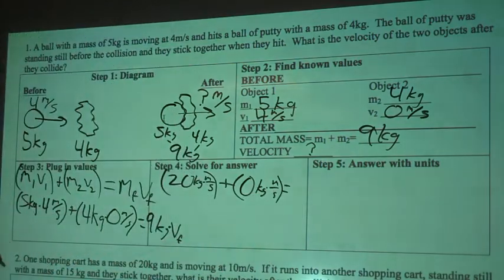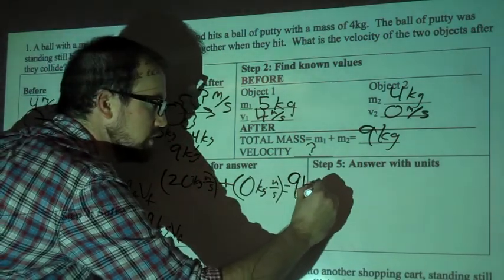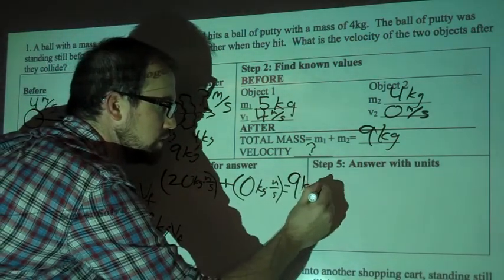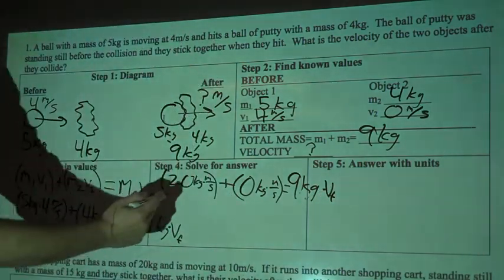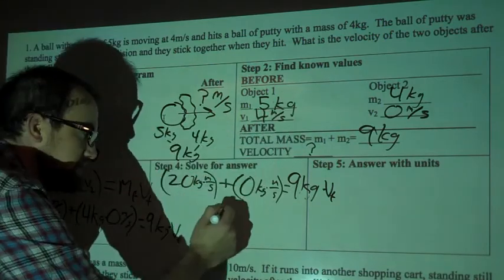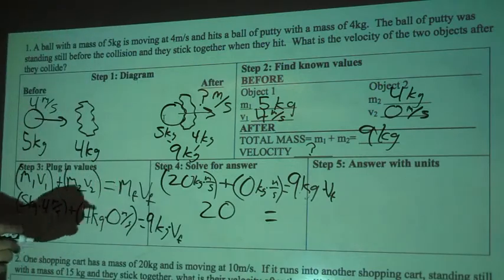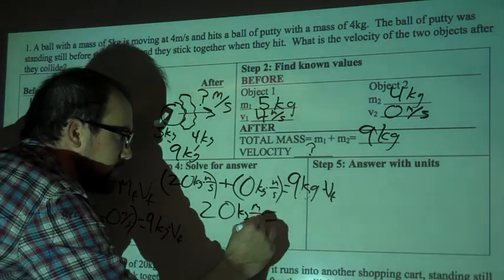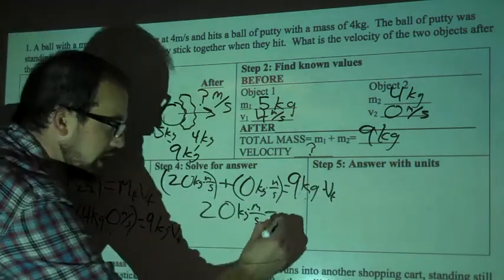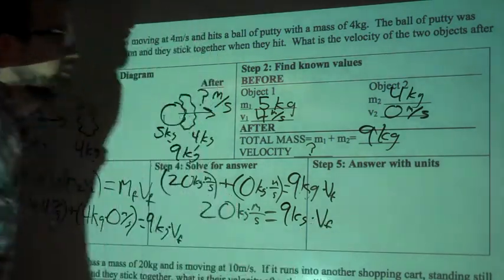And on the other side, I still have 9 kilograms times V final. Alright, so 20 plus 0, what do I have left on this side of the equal sign? 20 kilogram meters per second. And on the other side, I still have 9 kilograms times my final velocity.